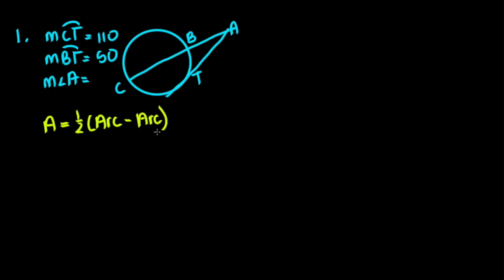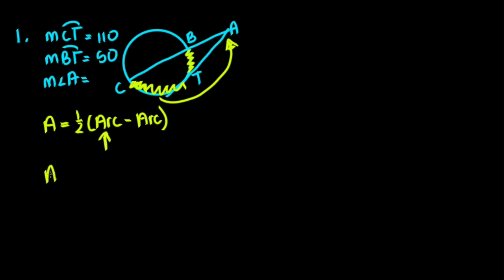Here we're told that arc CT, which is right here, is 110, and arc BT, which is right here, is 50. So what we can do is we can just go ahead and plug these into our formula. Now, it's important to note that since arc CT is furthest away from the angle we're trying to find, that one is going to be going in this spot.